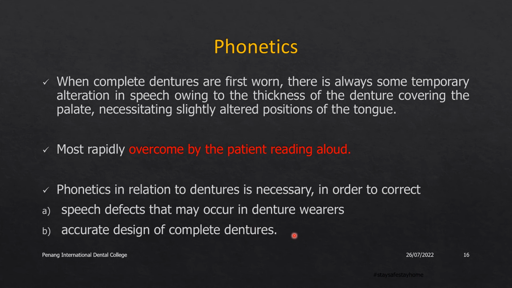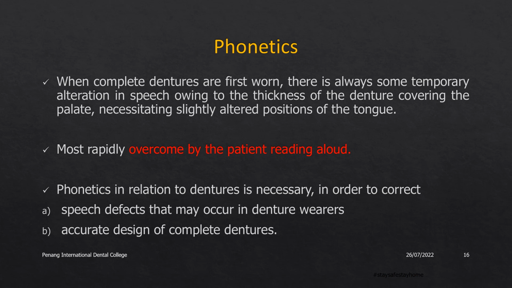That is, the position of the anterior teeth and the thickness of the palatal wall play a major role in how the patient is able to pronounce certain specific words, like palatolingual sounds such as sh, j, ch. If the palatal wall is too thick, then the patient may have difficulty in pronouncing church, street.